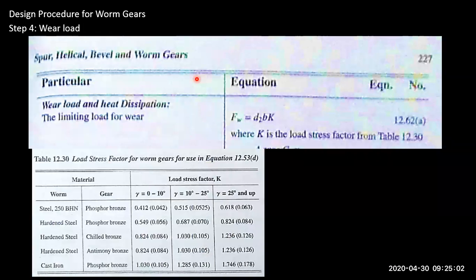Now going to step 4, we design here the wear load. The wear load formula also you can see is very simplified.